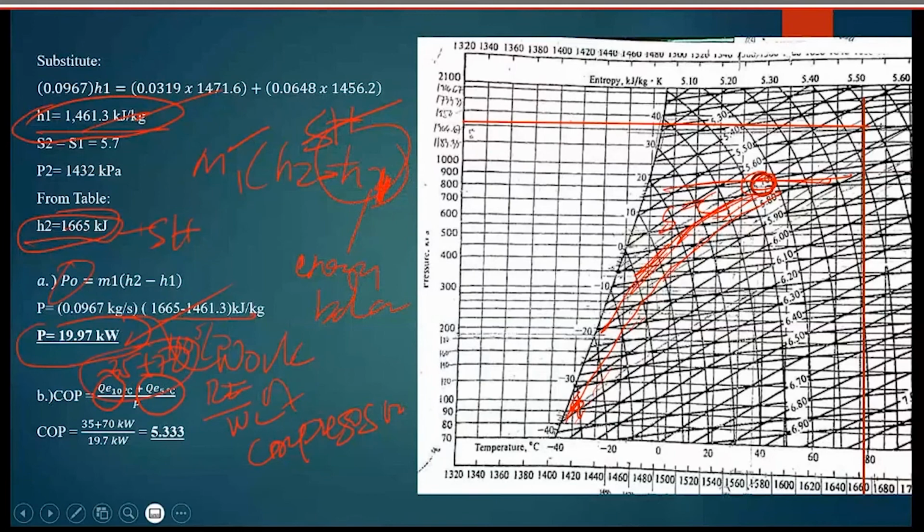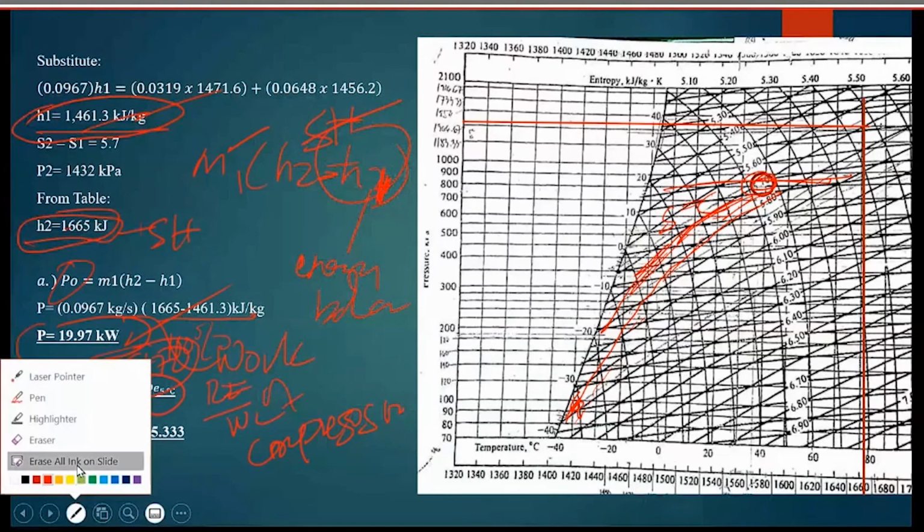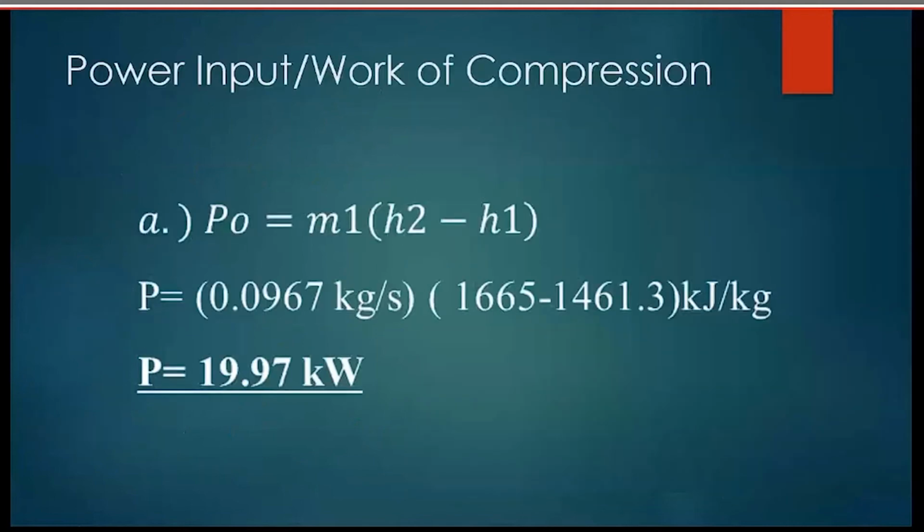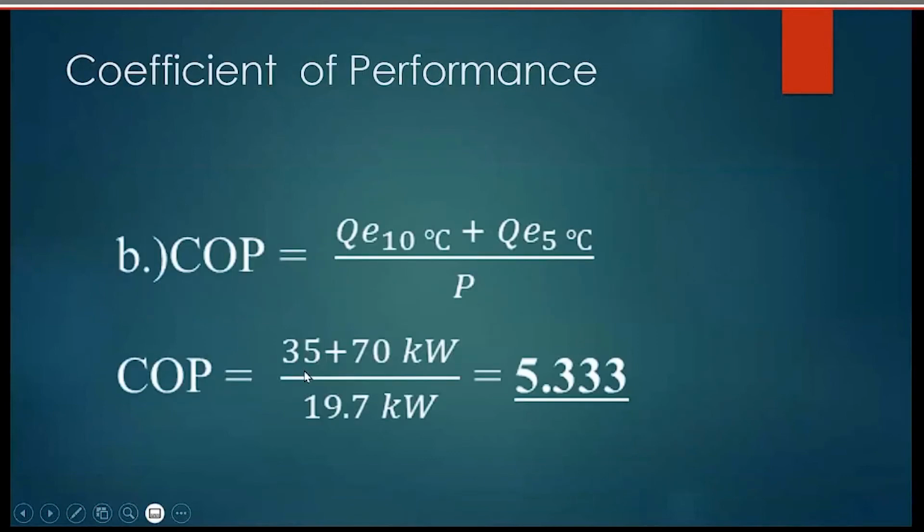Those are the heat loads, or the refrigerating effect, of the evaporators concerned, and the work of compression is the one that we just calculated using the energy balance, 19.97 kilowatts. So you just add this and divide.